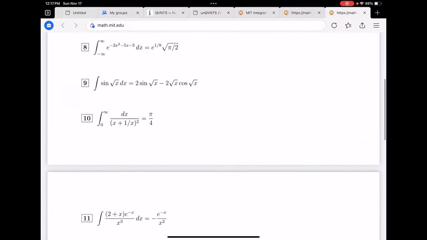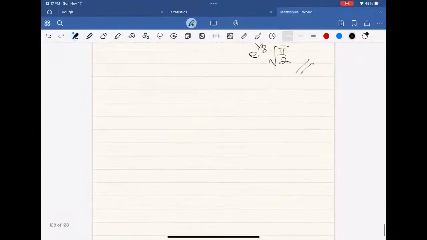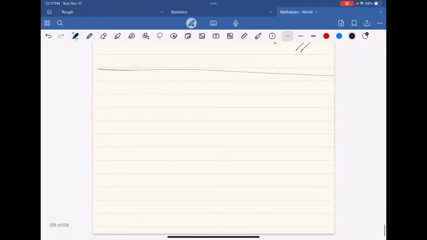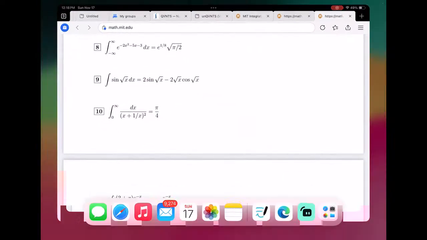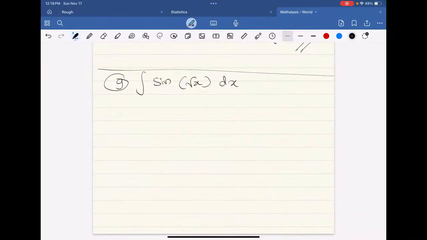Sine of root x dx, which is our number 9. In number 9, we have the integral of sine root x dx. Let's see how we do that. You can make the substitution that u is root x, then u square is x, and 2u du is dx.